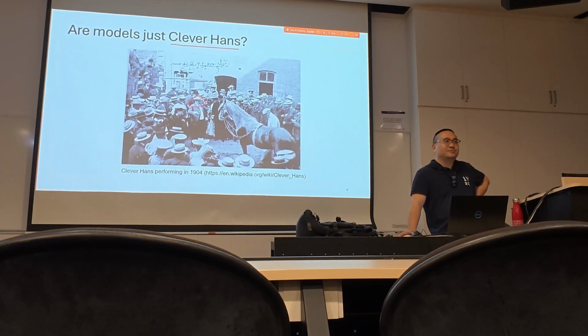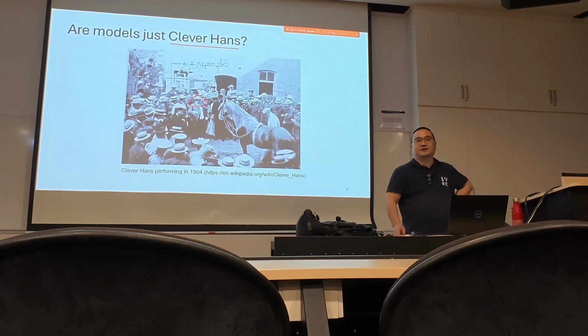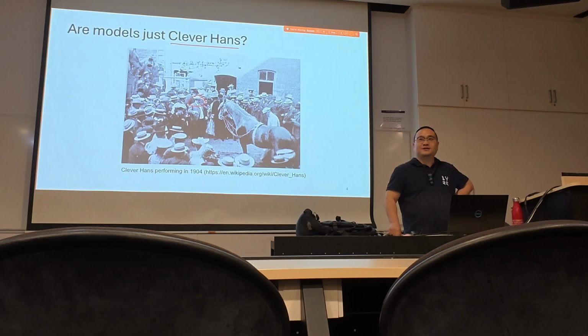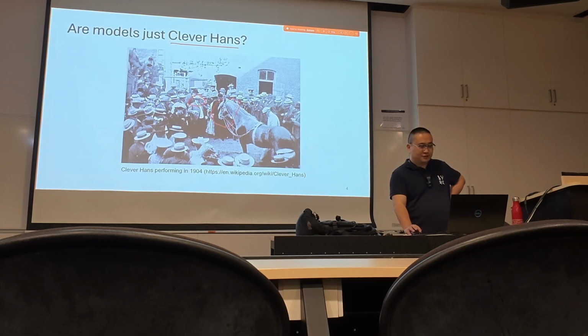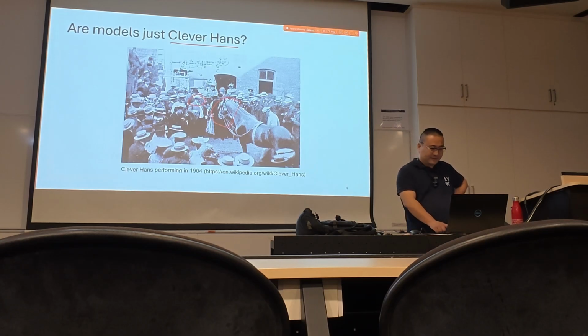We can use machine learning models to do classification. Given an image of a cat, the model can say, oh, this is a cat, or this is a dog. However, does the model really learn the concept of cat or the concept of dog? Or is the model just a Clever Hans, using some strategy to cheat in the real world? So this is the question.